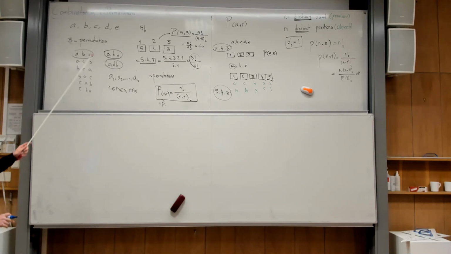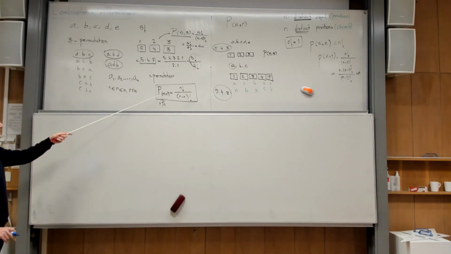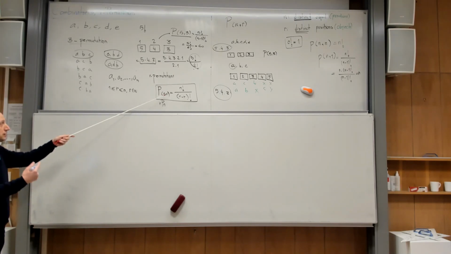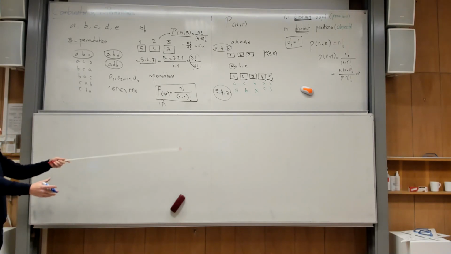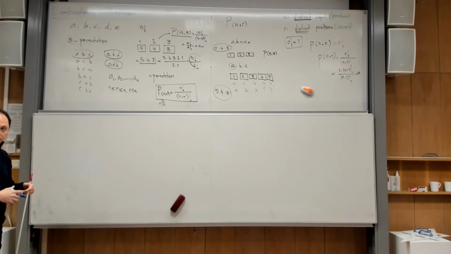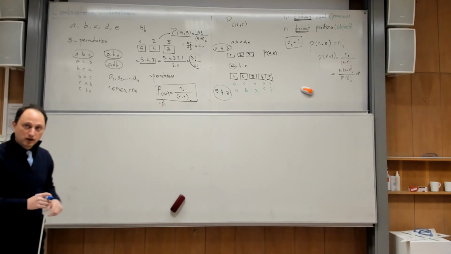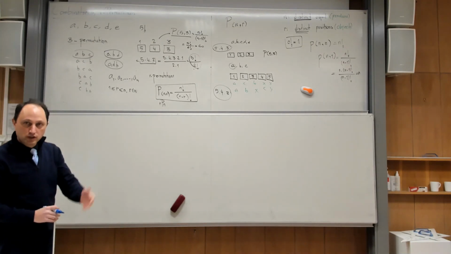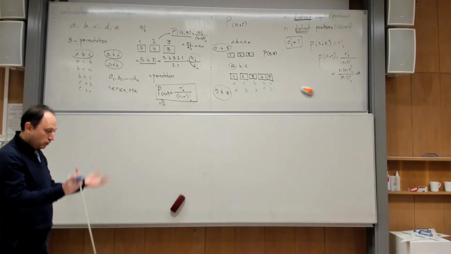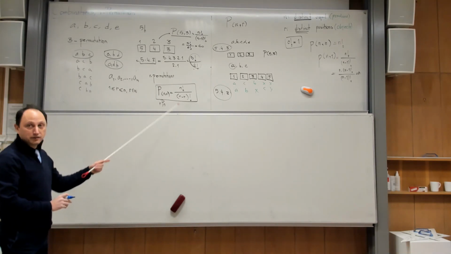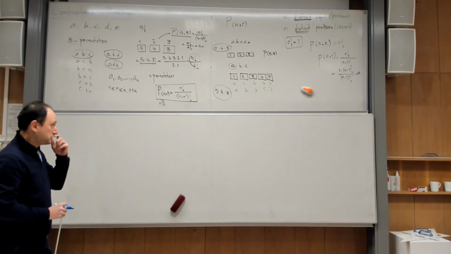Because the only thing is that you choose and arrange. This formula takes care of both simultaneously: the number of choices together with the number of arrangements for each choice. If you consider the whole package, this formula will give you the whole package. That's important to understand.